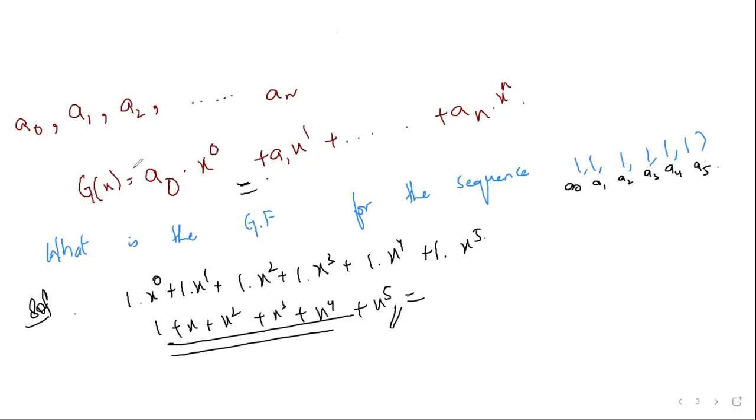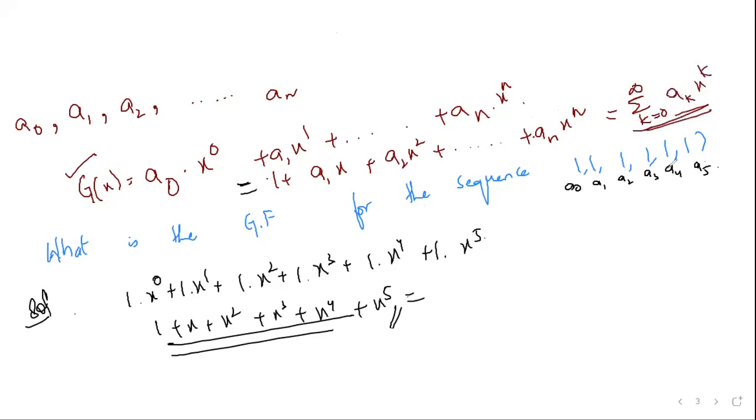So again I am taking this one: 1 plus a1x plus a2x square plus and so on up to an x power n. Now instead of this, what can I write it as? I can write it as the sum over k equal to 0 to infinity of ak x power k. Now I am taking this and solving it on the next page.